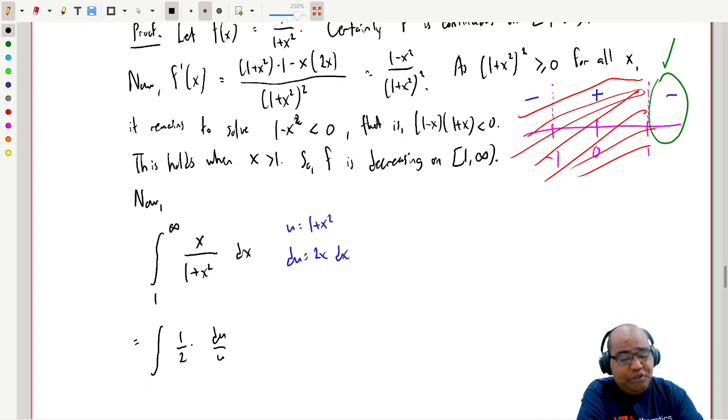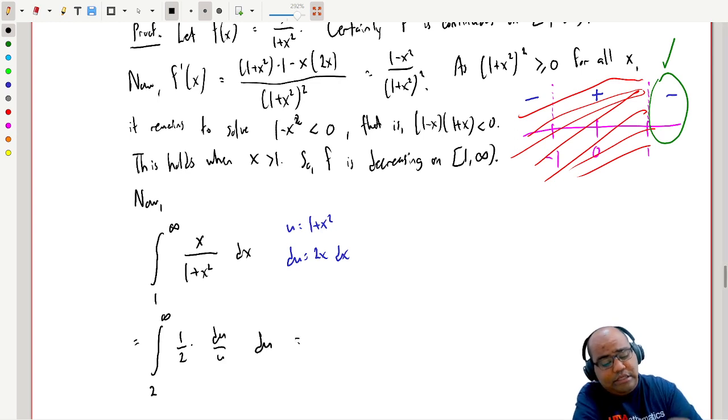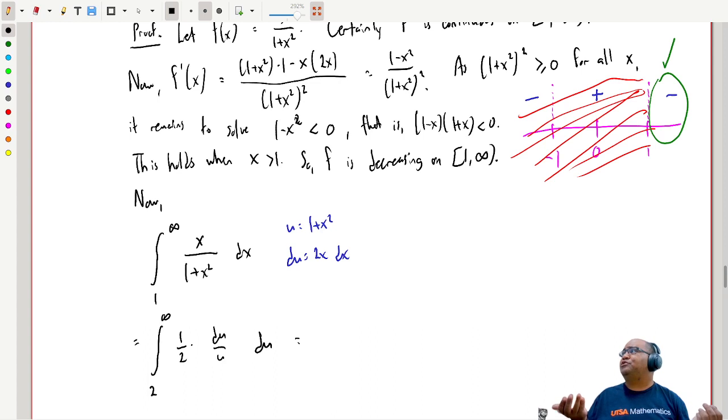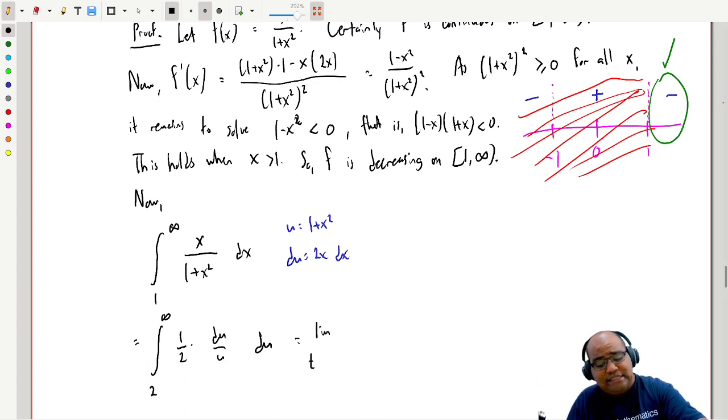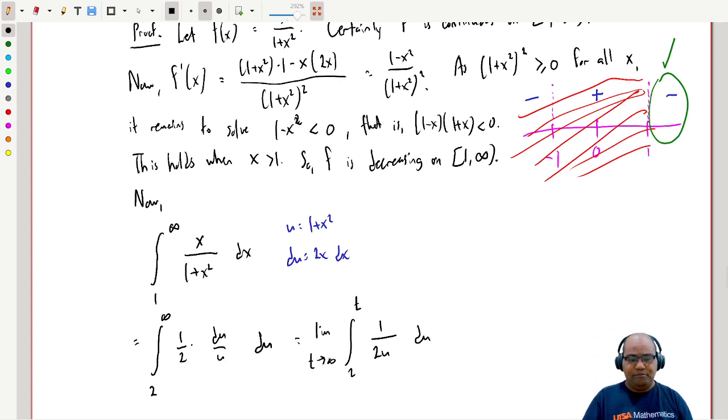Now our integral is going to range from 2 to infinity. We do the usual thing for improper integrals: we pass to a limit. So this is the limit as t goes to infinity of the integral from 2 to t of 1 over 2u du.